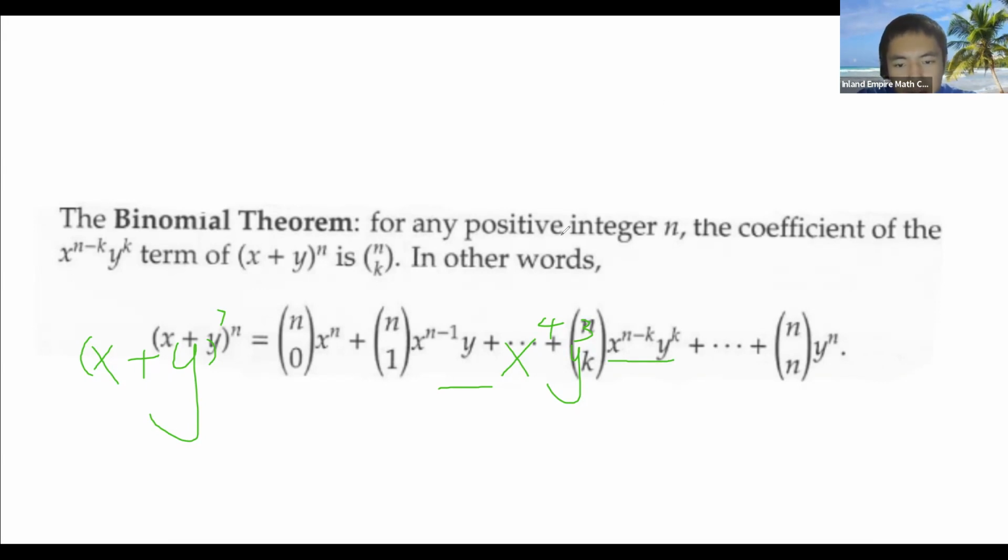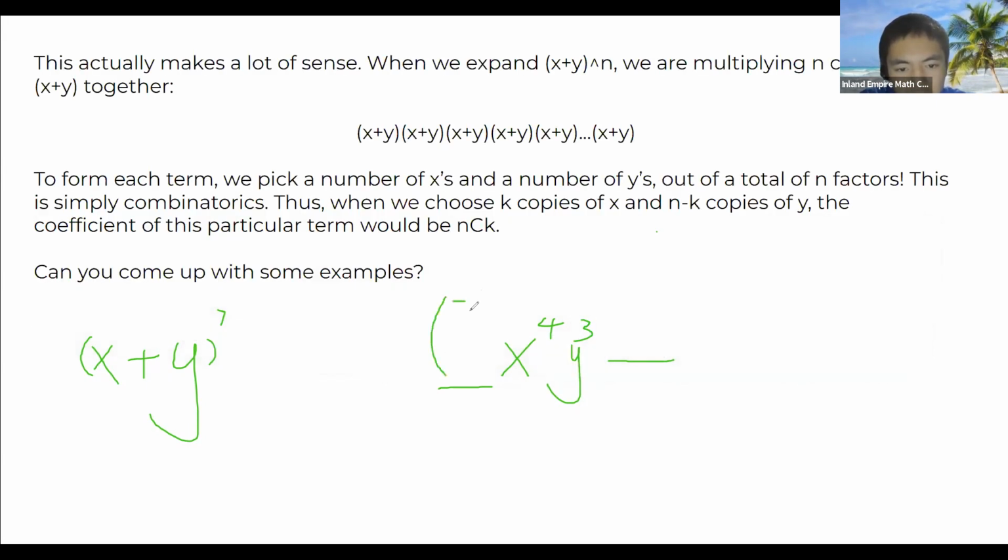So while Charlotte uses her calculator, isn't the coefficient of x to the fourth y cubed just 7 choose 3? Because you have 7 copies of (x plus y) multiplied together.